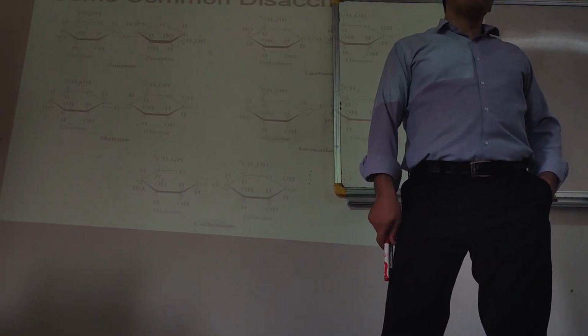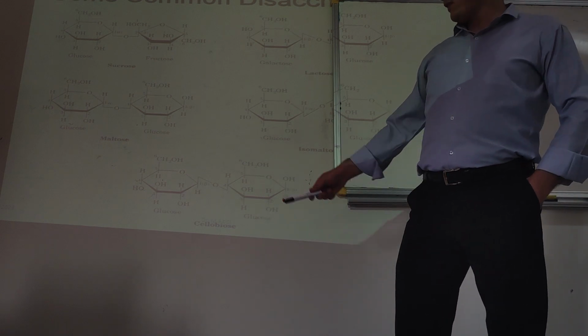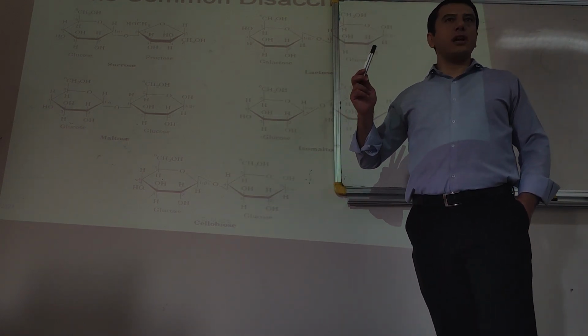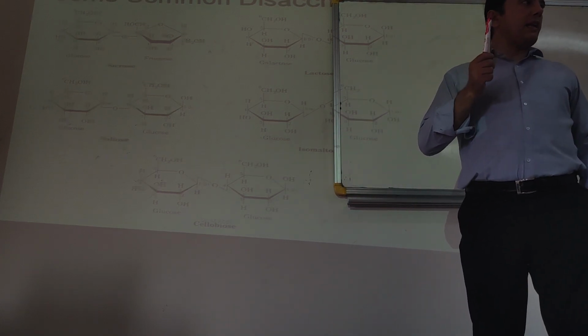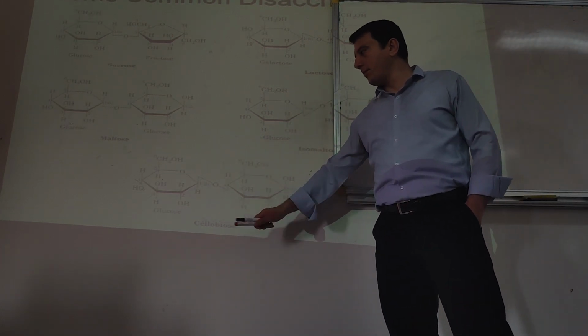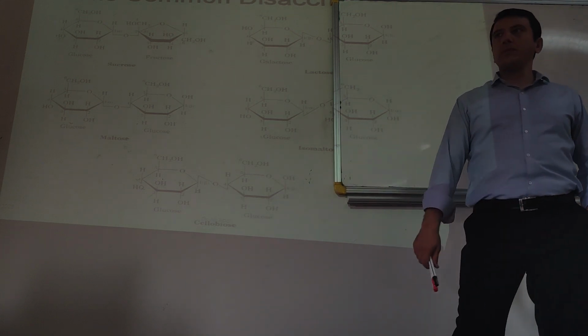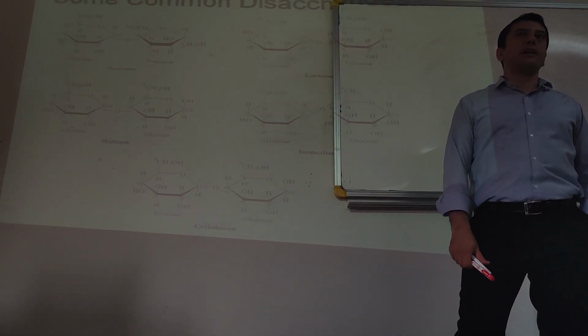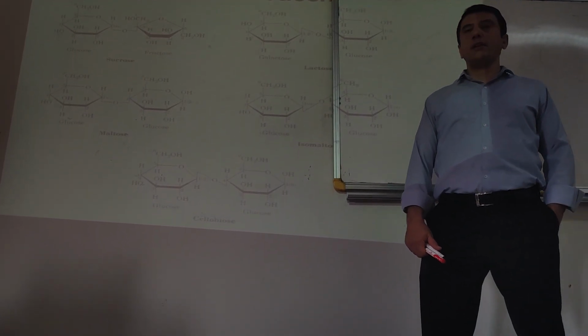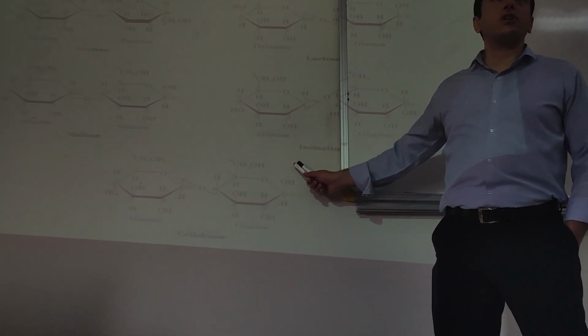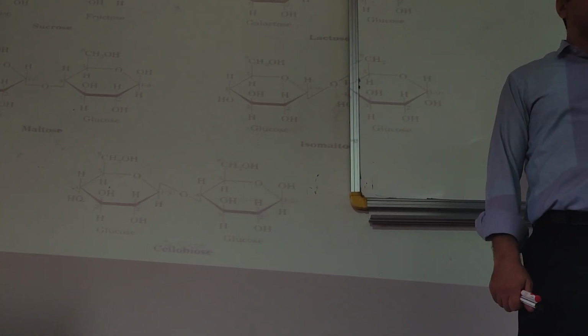In plants, the structural sugar is cellulose. Please let me know whether cellulose is a reducing sugar or not. It's reducing. Very good, because of this OH in the next sugar.